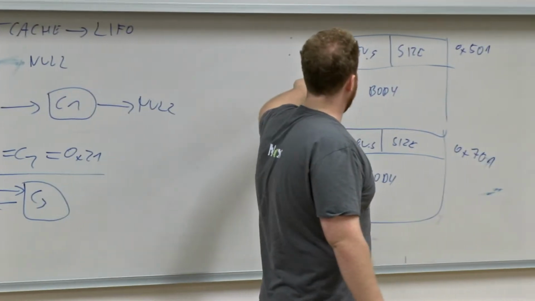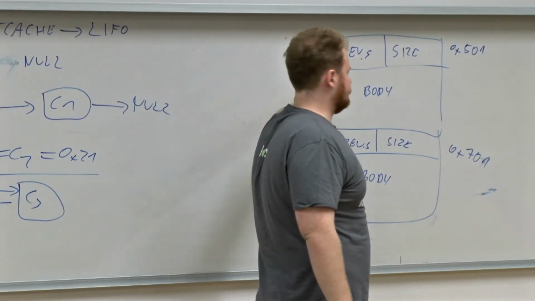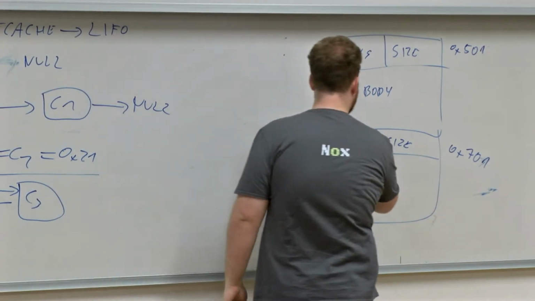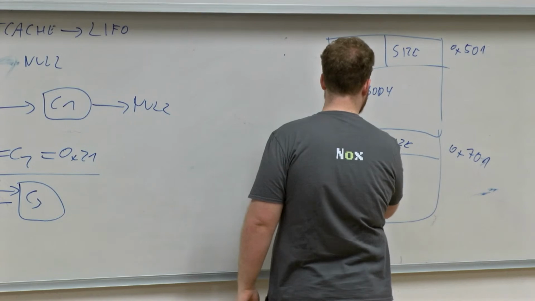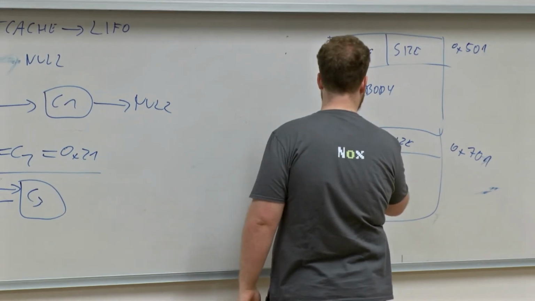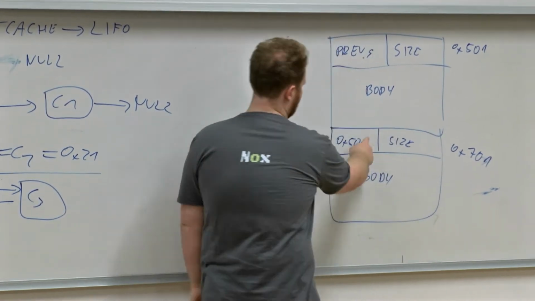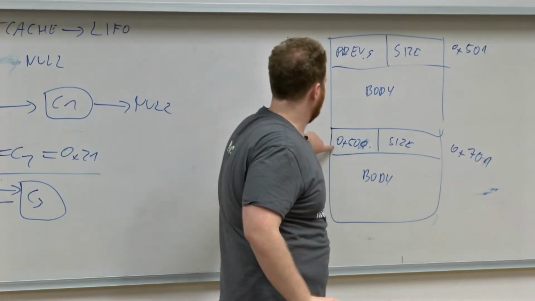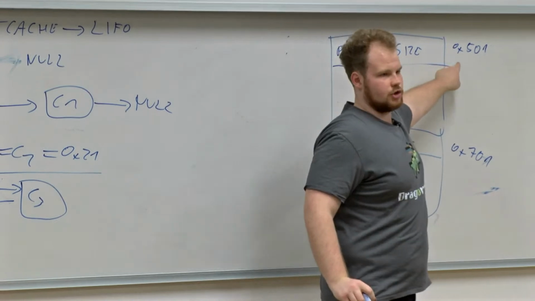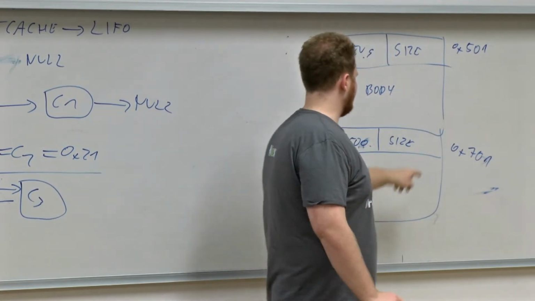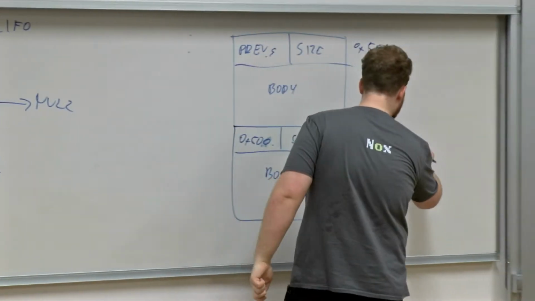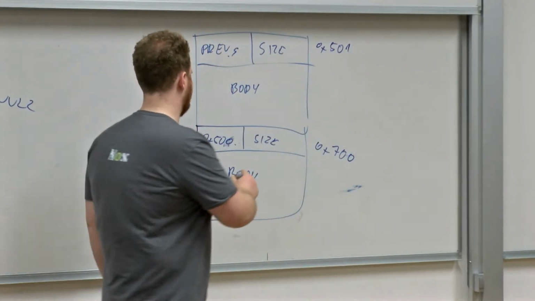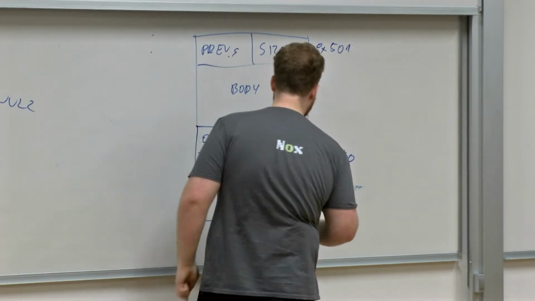Now, if we free this one, what will happen? Here, we will write 500, 500, like that, because this is the size of the previous chunk. And here, the size will change from 1 to 0, because we unset the P bit.